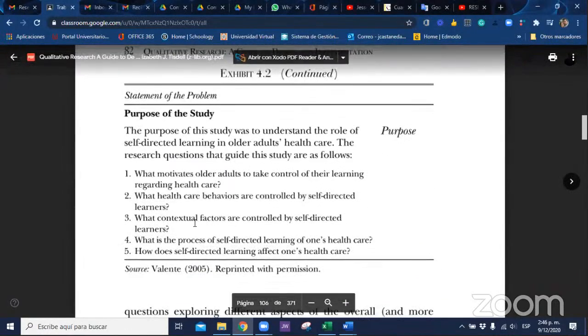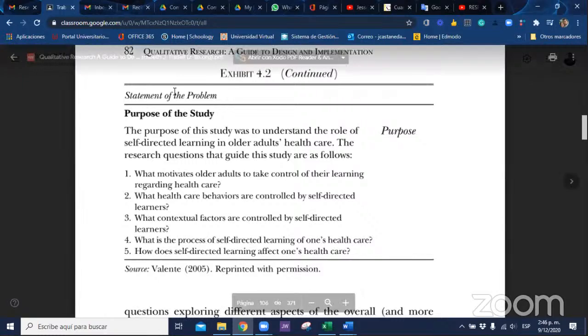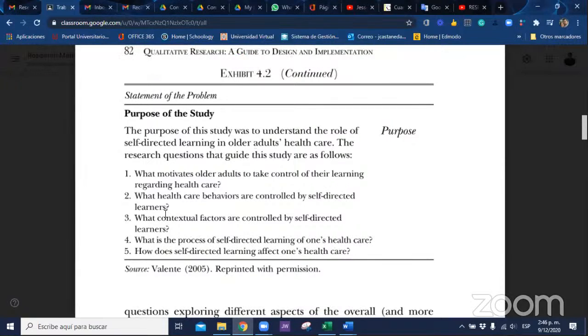And now they state the purpose. Now that they have this gap in knowledge, pay attention, it is a gap in knowledge, the purpose. The purpose of this study was to understand the role of self-directed learning in older adults' healthcare.